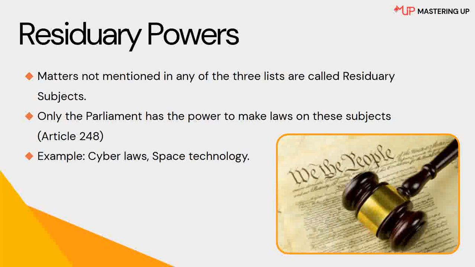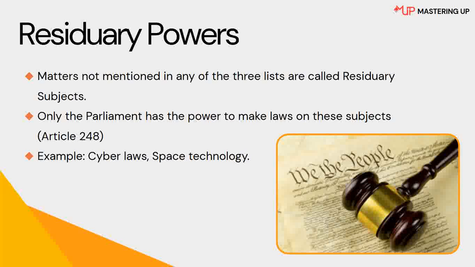Now let's talk about residuary powers. These refer to subjects that are not mentioned in any of the three lists: union, state or concurrent. According to Article 248, the Parliament is exclusively empowered to make laws on these matters.